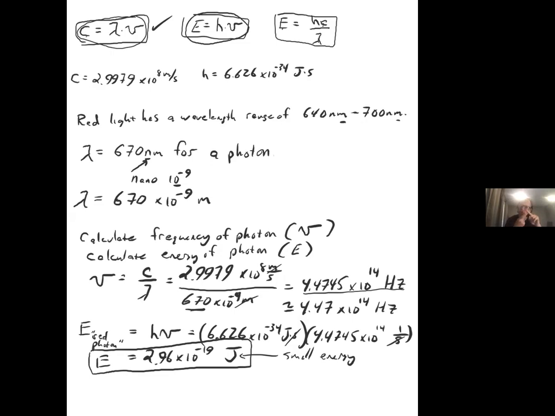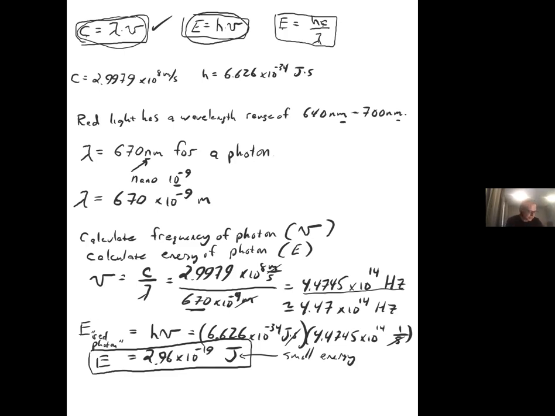Okay, so two relationships here, frequency, wavelength. Typically, when you do the calculations, you want to have the frequency in 1/seconds, and you want to have the wavelength in meters. And then energy. Energy is related to frequency very simply, h times nu. If you want to use wavelength directly in the energy, we could have done that.